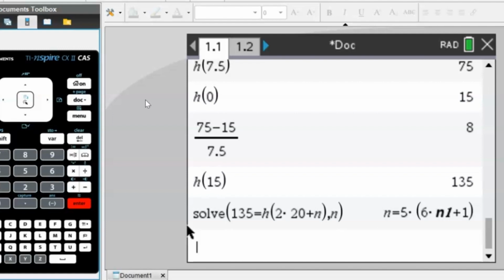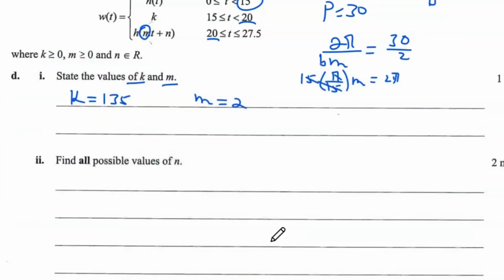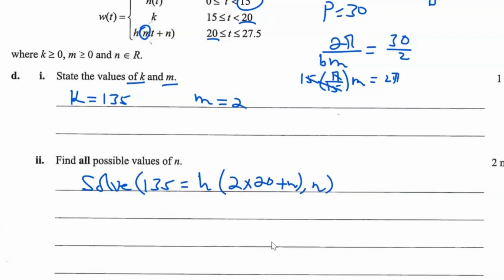So n is that, which is, we said that 135, that's when they're the same. At 20, they're the same. One is 20 minutes. So h of t times 20 plus n, comma n. So my n value we obtained has to be 5, 6, n plus 1. N plus 1 is an element of Z.